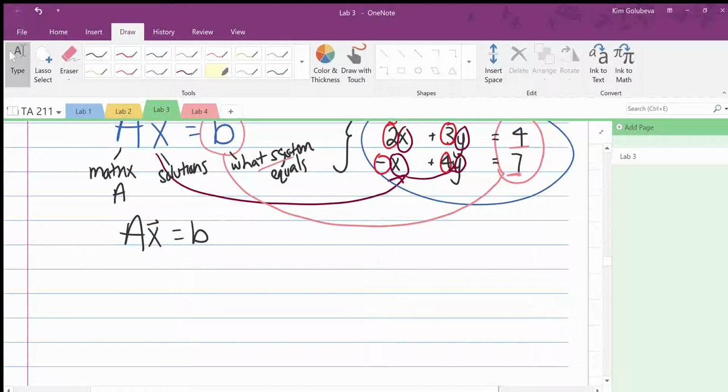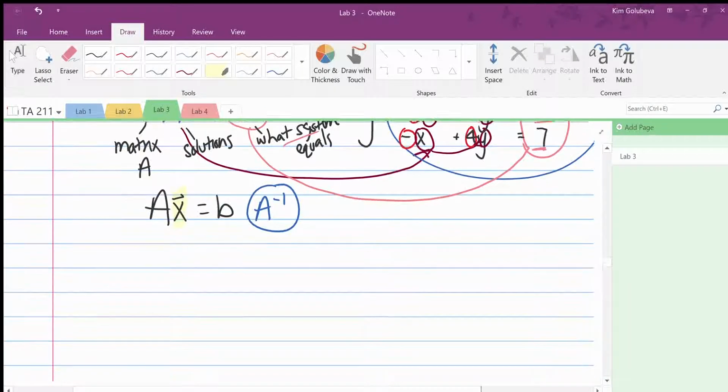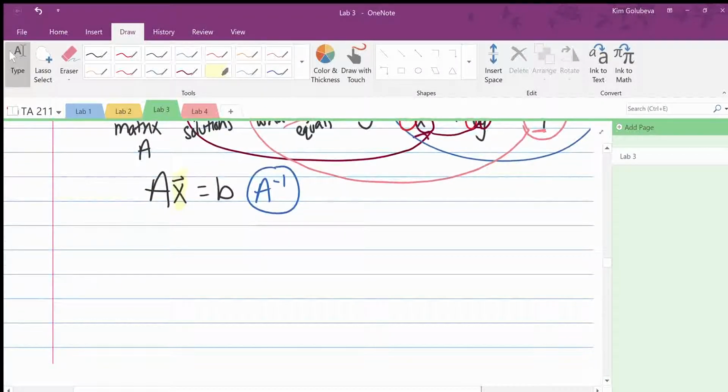Now what we have to do is find X, right? And we have A inverse. We know that A inverse exists. So if we think back to our previous questions, it's the same sort of idea as a proof. What we have right now is this, and we also have A inverse because we just calculated it.